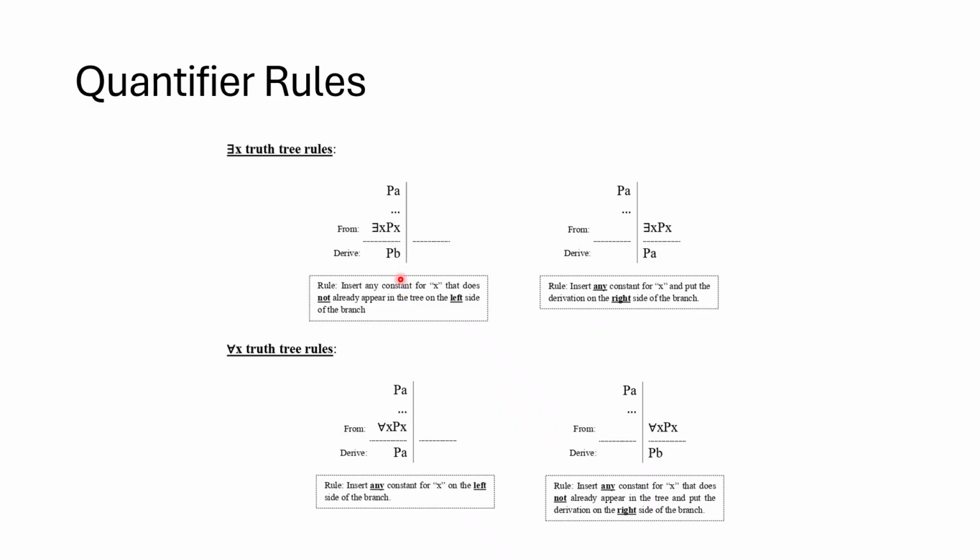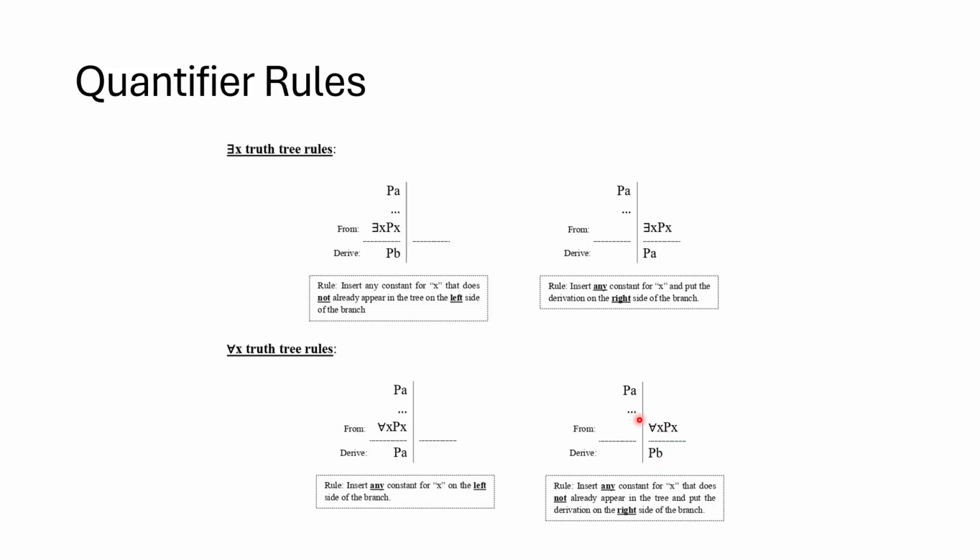So if we look at this first existential quantifier rule, when we have an existential quantifier, we can't repeat a constant that appears somewhere else in the truth tree. We have to pick a new one. And so that's why we pick PB here. We put the B in the place for the variable of X because B does not appear up above, but A does.